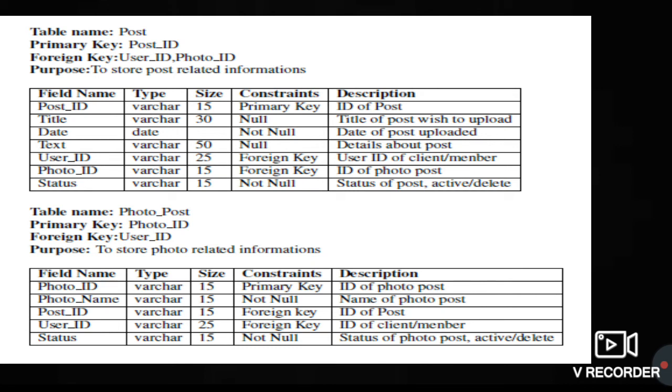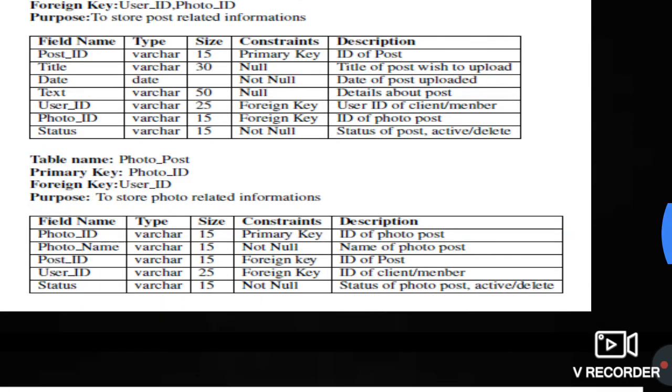In that way post and photo post are associated. Photo ID is the ID of the photo post, and photo name is the name of that photo post. Post ID is the ID of the post, and using the post ID, the post and photo post are related. User ID is the ID of the client of FriendZHub who posted that post. Status means the photo post is active or deleted.